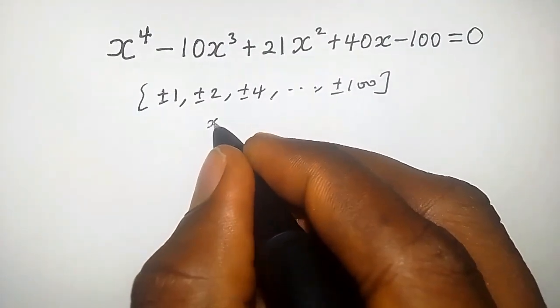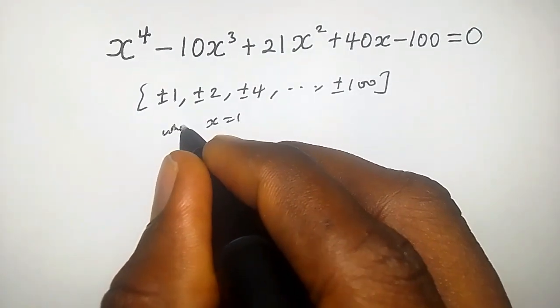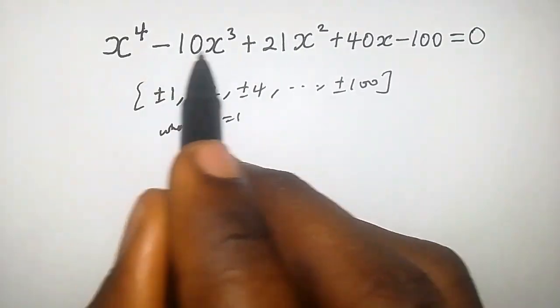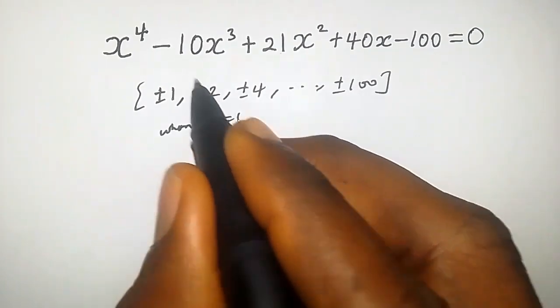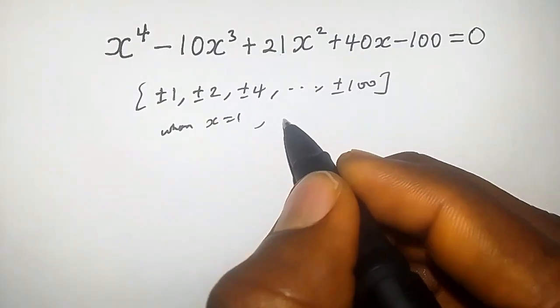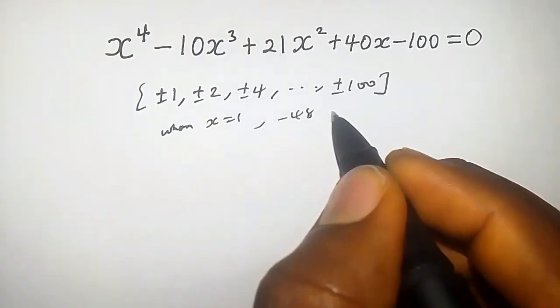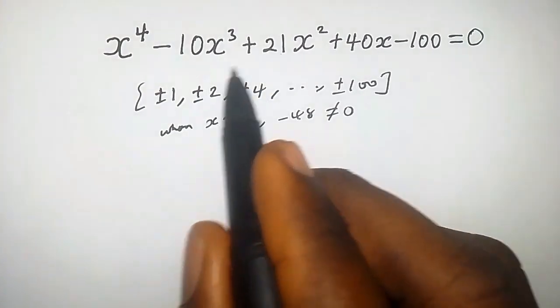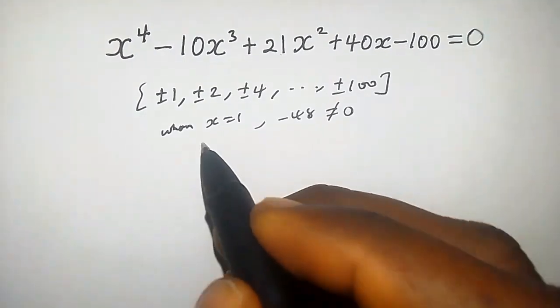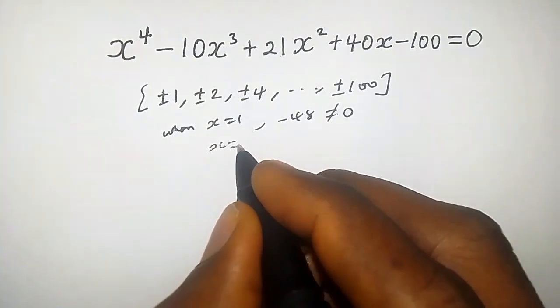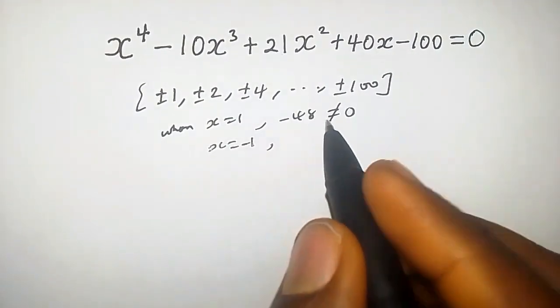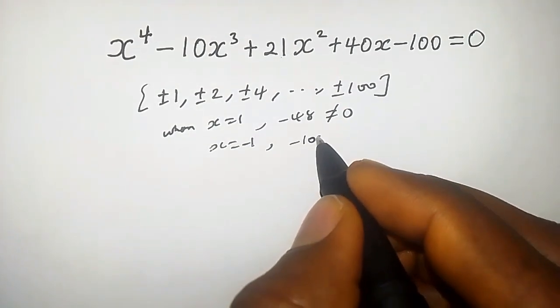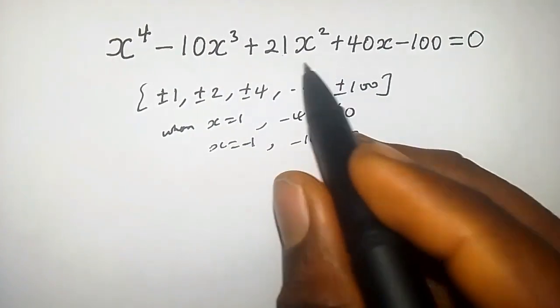When x is equal to 1, we are going to plug it in here. When we do that, we are going to obtain minus 48, which is not equal to 0. So that means that 1 is not a root of this equation. When x equals negative 1, we also get minus 108, which is not equal to 0.